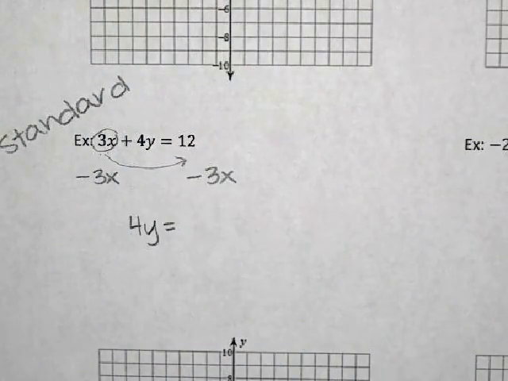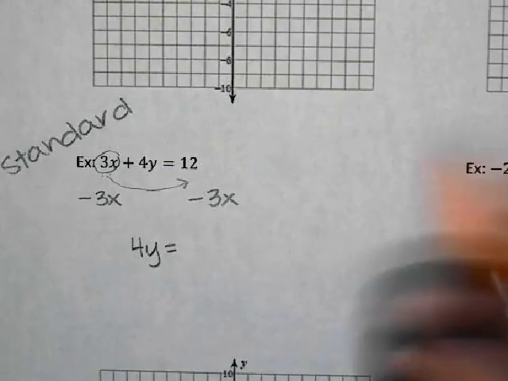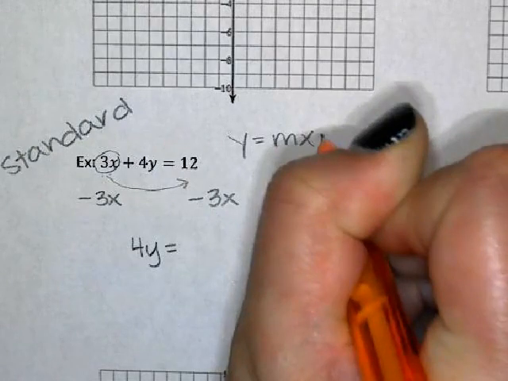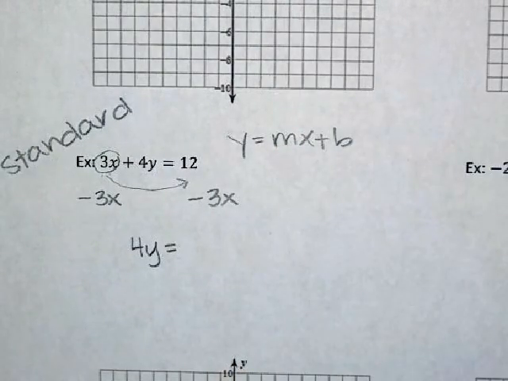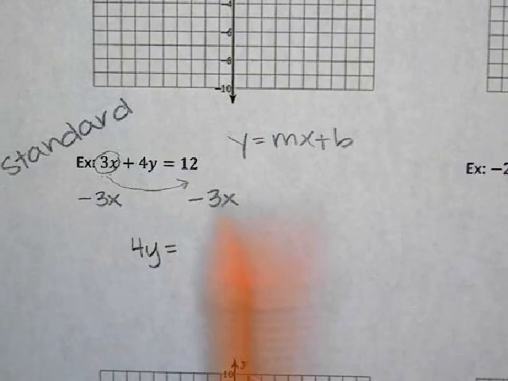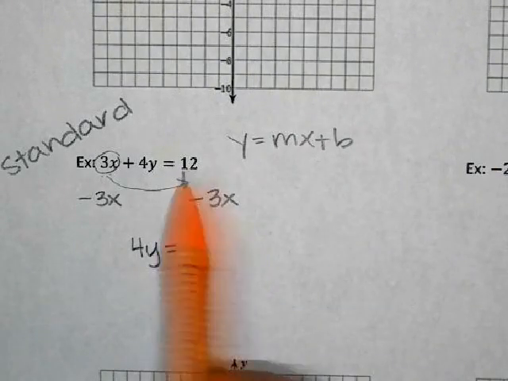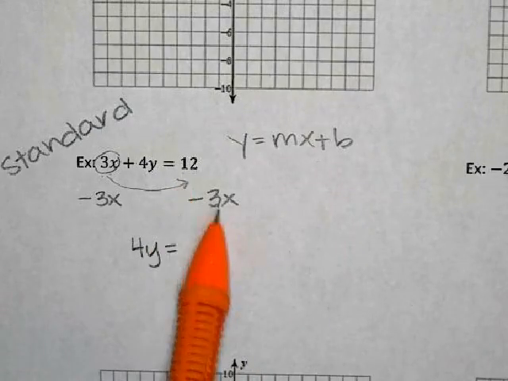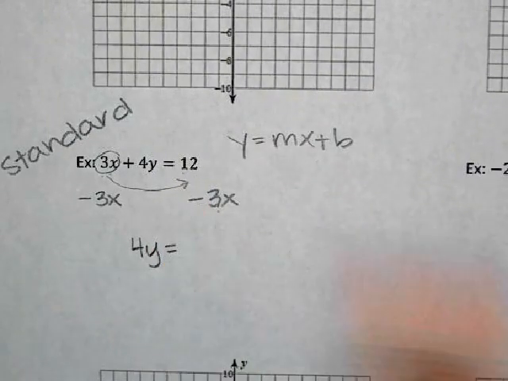And then on the right side, if I keep in mind that I have y equals mx plus b, I have the y on the left side, and then I have a negative 3x, and I have a 12, and I want it to look like this. Which one should I write first, the 12 or the negative 3x?